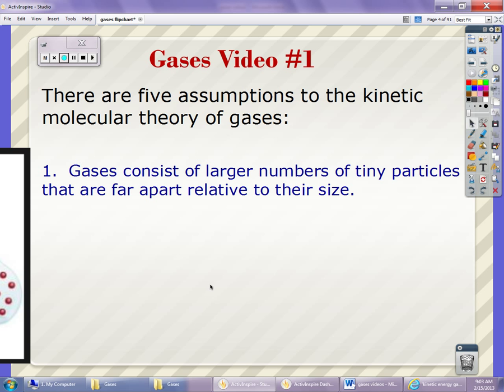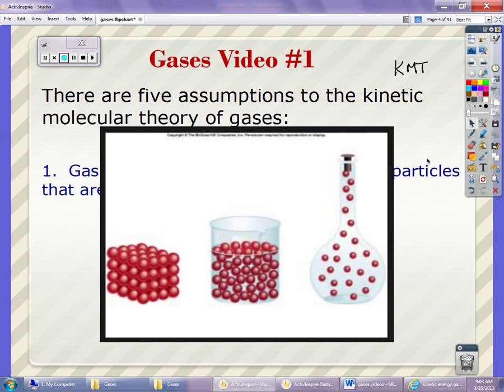For the 5 assumptions of the kinetic molecular theory of gases, sometimes called KMT, the first one is that gas particles are large numbers of tiny particles, pretty far apart from each other in terms of their size. Here we see the particles of a gas, and it fills up the container.